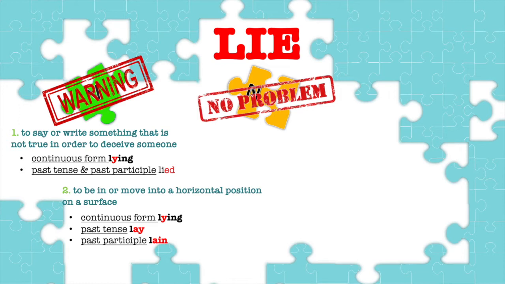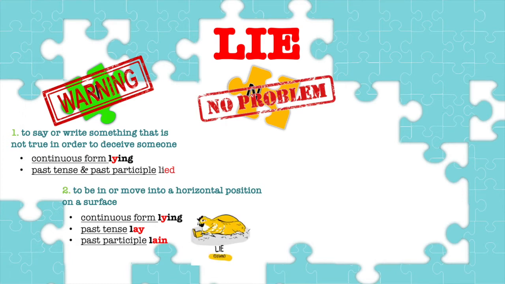So the past tense is lay, L-A-Y, and the past participle is lain, L-A-I-N. So when lie means not tell the truth, it's a regular verb, and when lie means move into a horizontal position, it's an irregular verb, and we have two different forms for the past tense and past participle. So be careful with that.